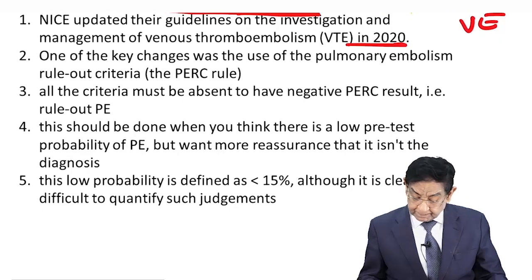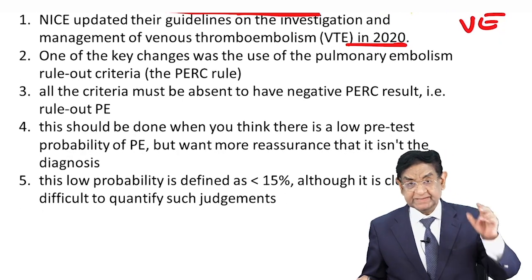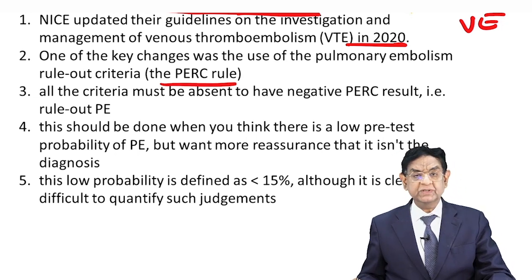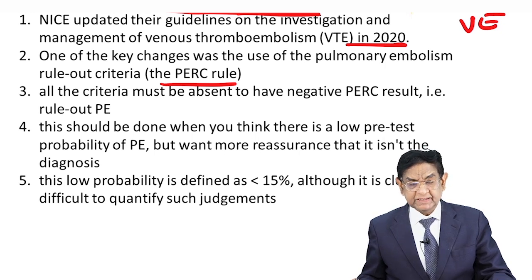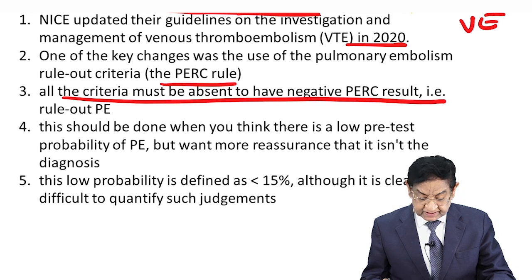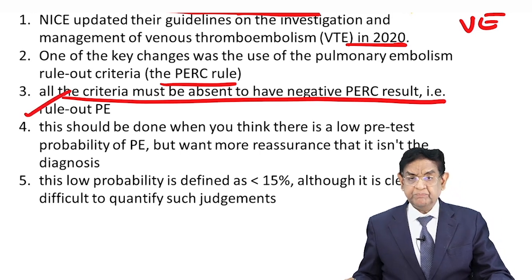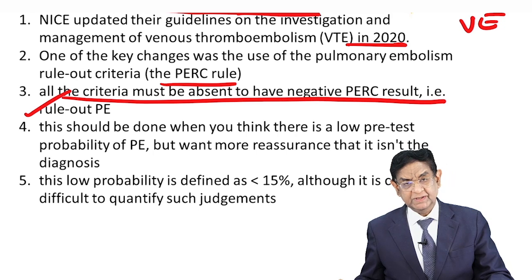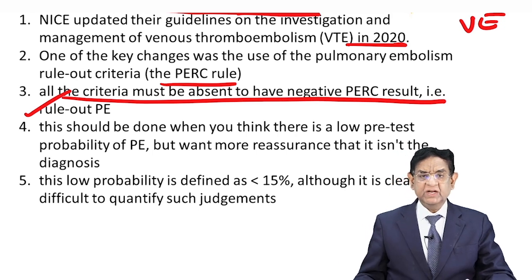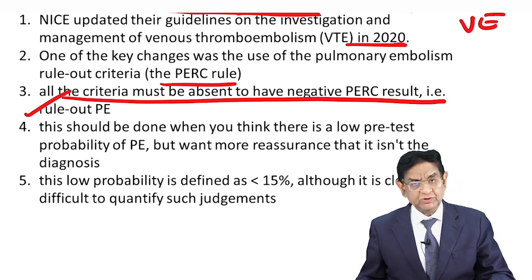So what he says, there are certain criteria, the so-called PERC rule, and all criteria must be absent to rule out pulmonary embolism. There are certain criteria which I am going to discuss just now. He says all criteria should not be there.